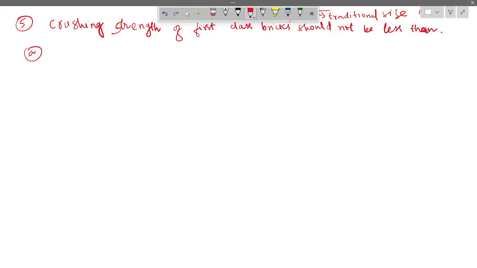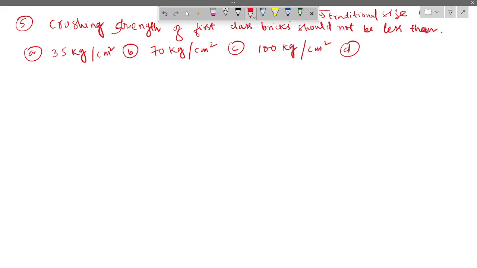First one is 35 kg per centimeter square. Second one is 70 kg per centimeter square. Third one is 100 kg per centimeter square. And the last option is 150 kg per centimeter square.